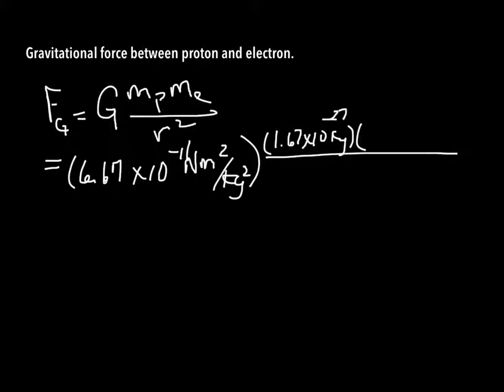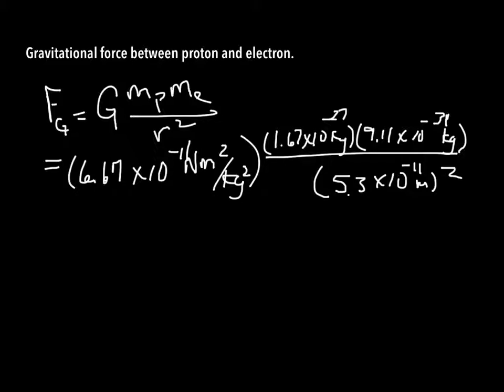And then the mass of an electron, very small, 9.11 times 10 to the minus 31 kilograms. Very, very small. And divided by the distance squared, don't forget to square the distance, 5.3 times 10 to the minus 11 meters, and we'll square that.